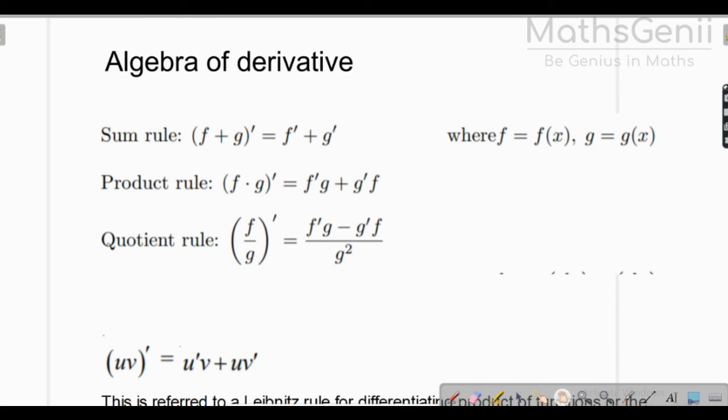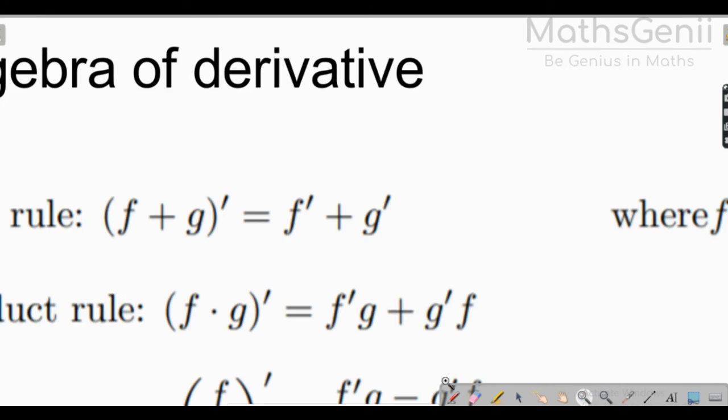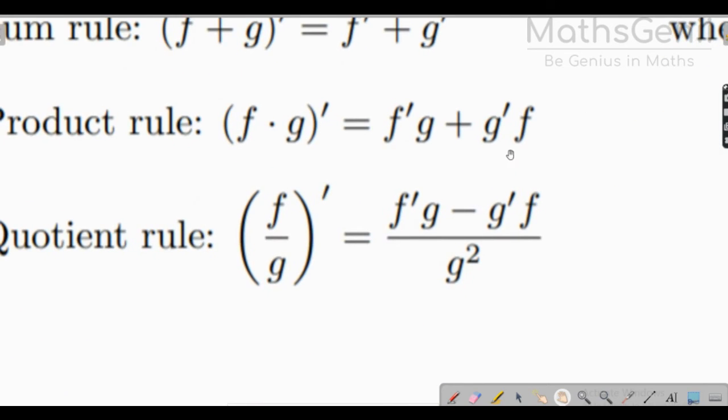Before going to the formula, let's look at the algebra of derivatives. Now in limits, the algebra says that everything is distributed. There is no formula for multiplication and there is no formula for division. But in derivatives, it's not the case. Addition is very simple. If you have addition of two terms, then derivative will go to this term also, this term also. But for product, we have one formula.